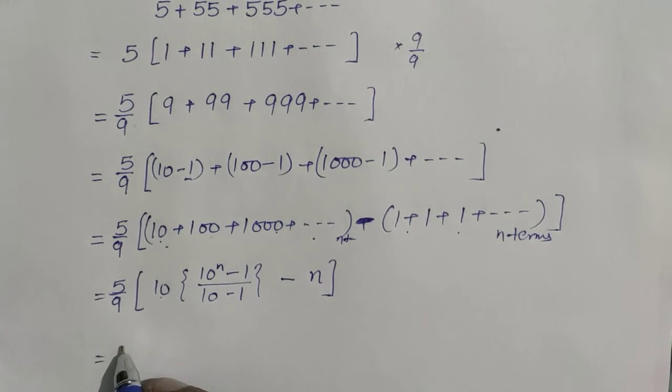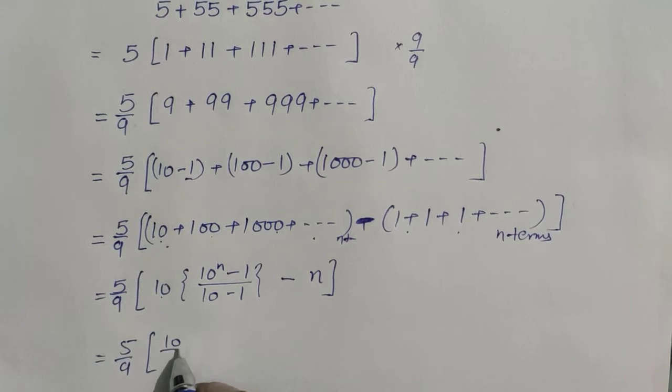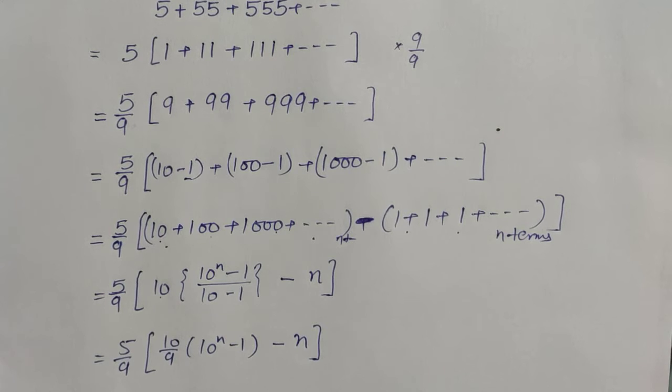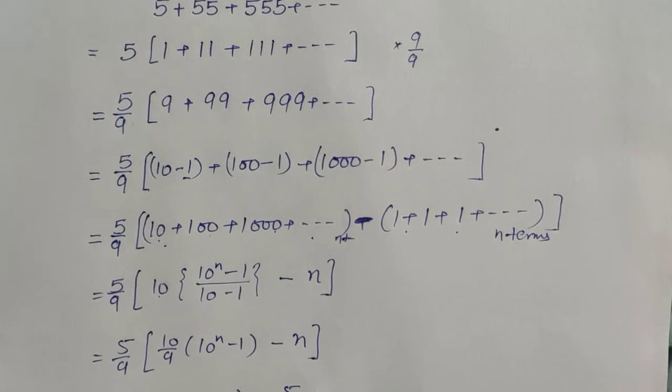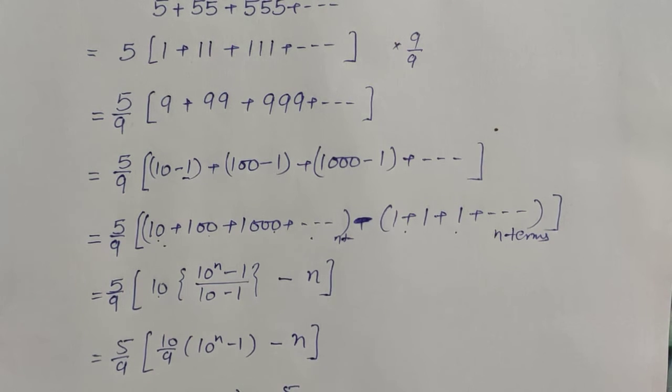We could write it as 5 by 9, 10 upon 9, 10 to the power n minus 1, minus n. Further I could write it as 50 upon 81, 10 to the power n minus 1, minus 5 upon 9 n, is the final answer.